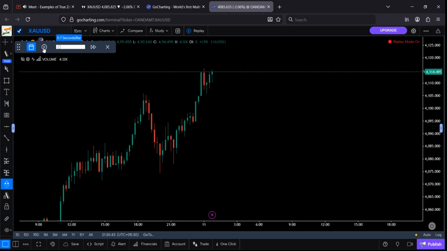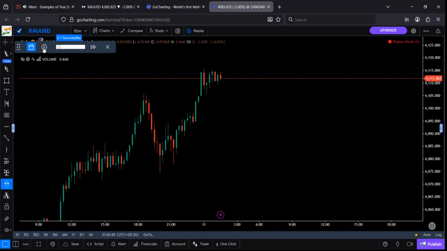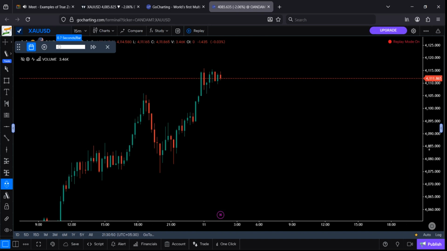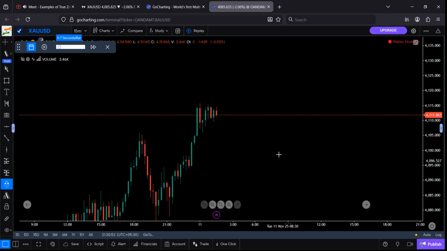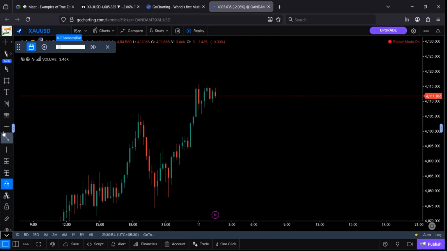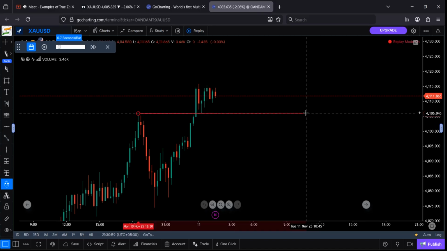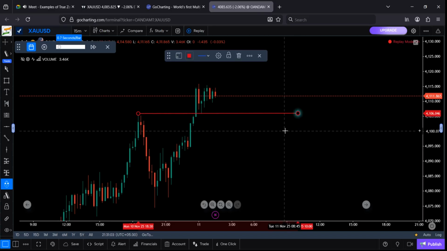What happened here? Price crossed this high. In this setup, we can consider ORFL on the low side.